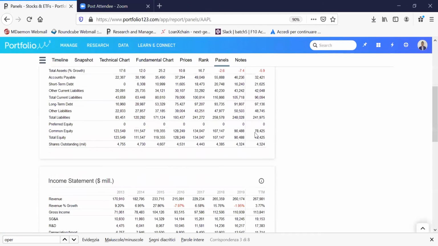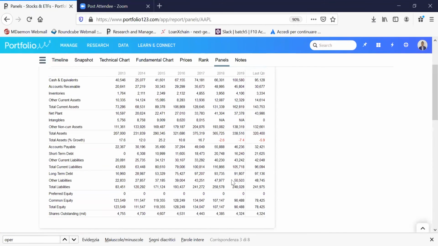So in here we have long-term debt at 91 and short-term debt at 16, and we're talking billions. The sum of these two is actually higher than cash equivalents.